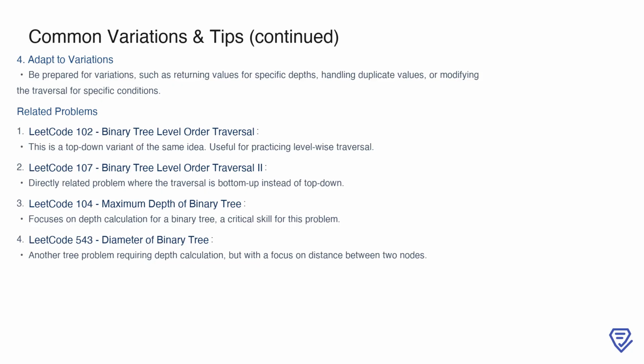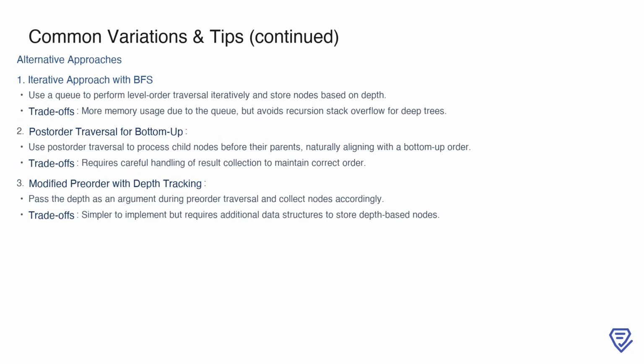Finally, LeetCode 543, the diameter of a binary tree, is another excellent example. It challenges you to calculate depth while focusing on the distance between two nodes, further strengthening your understanding of tree traversal techniques.